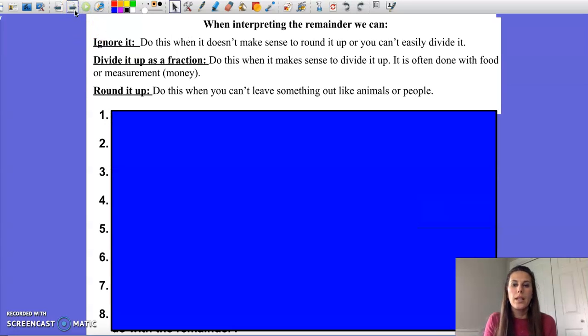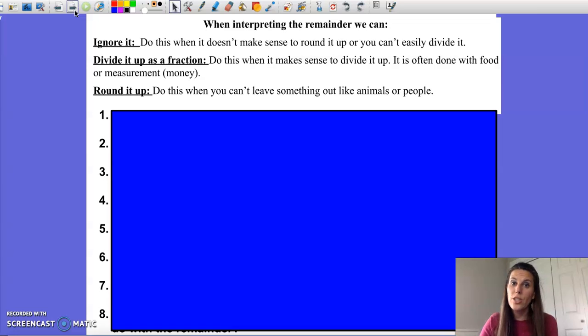Okay, now on your paper, I would like you to number 1 through 8. I'm going to be giving you 8 situations, and I just want you to write ignore, divide, or round for each of these situations. So are you going to ignore the remainder? Again, you do this when it doesn't make sense to round up or you can't easily divide it.